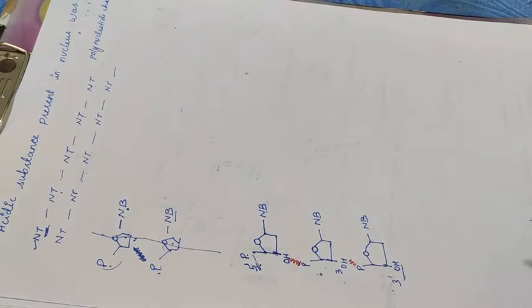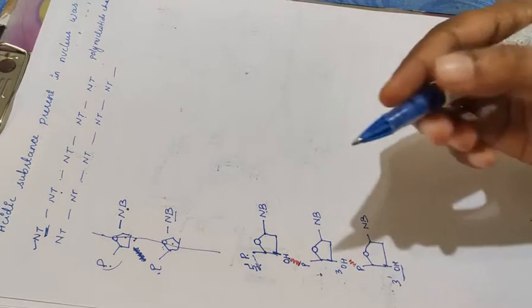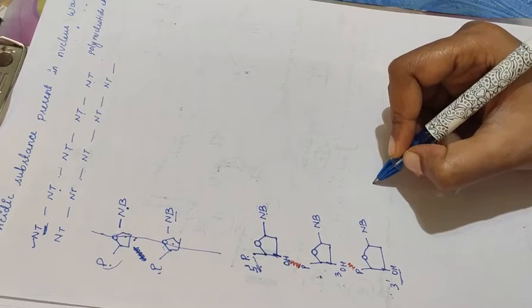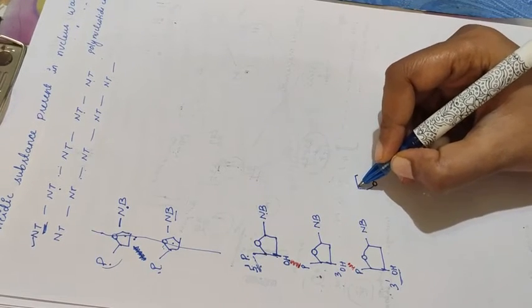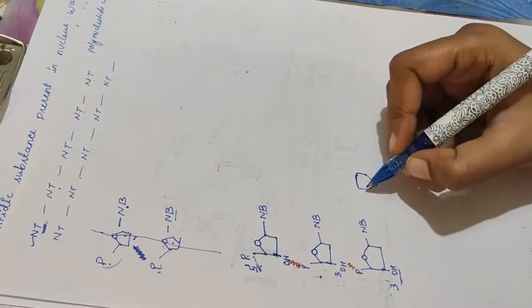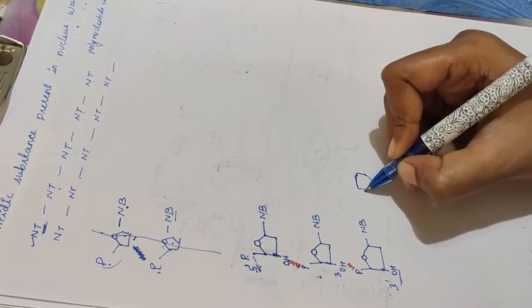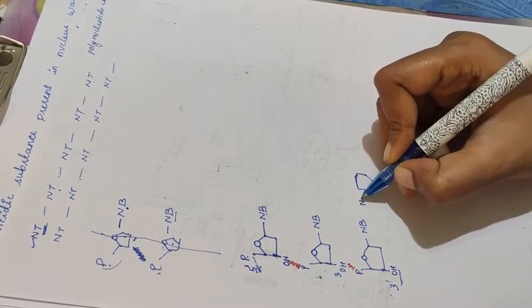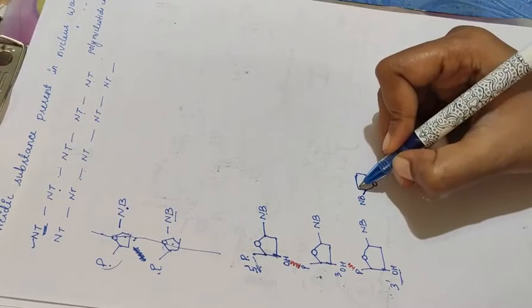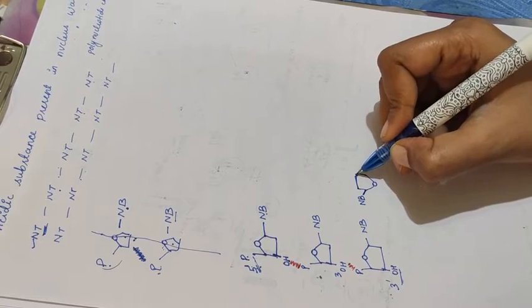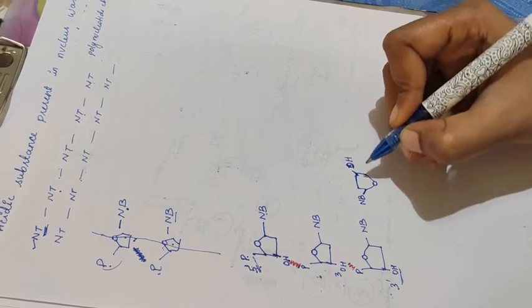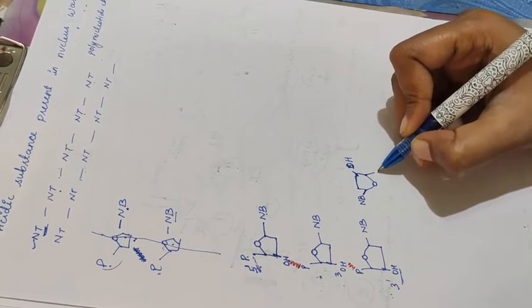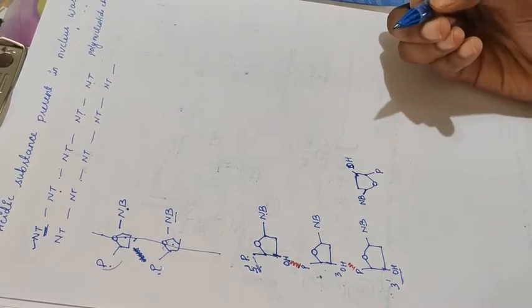This is one chain. Similarly, you will have another chain, but the difference here is the pentose sugar is this one. Here this is the first position where you will have the nitrogen base. This is the second position, and the third position will have the OH group, and this is the fourth position, and fifth is having the phosphate group.